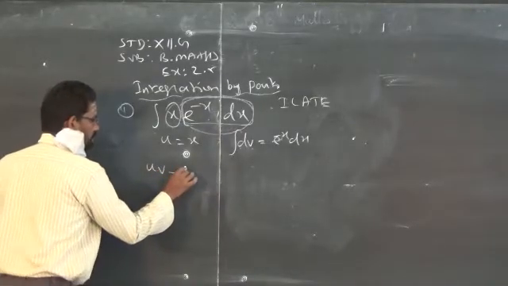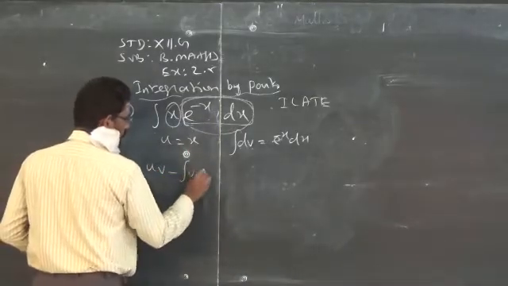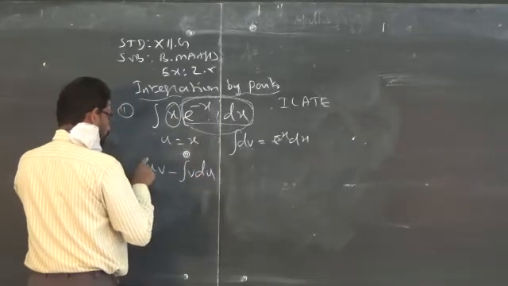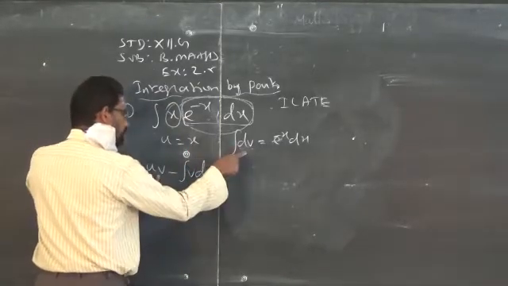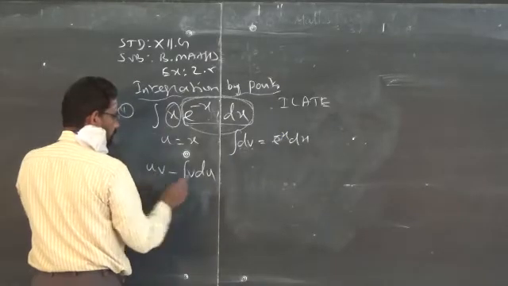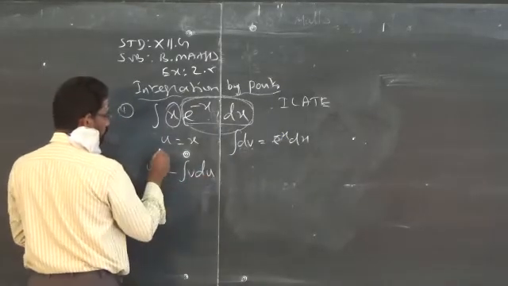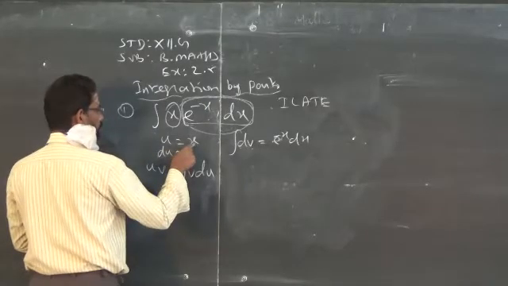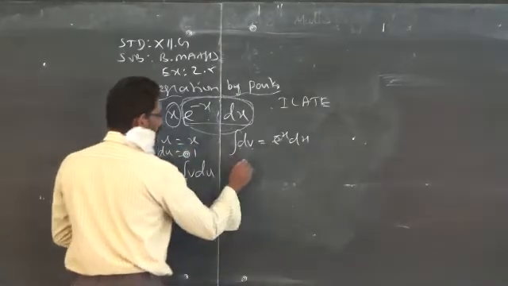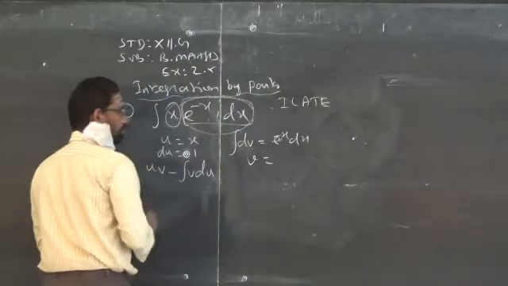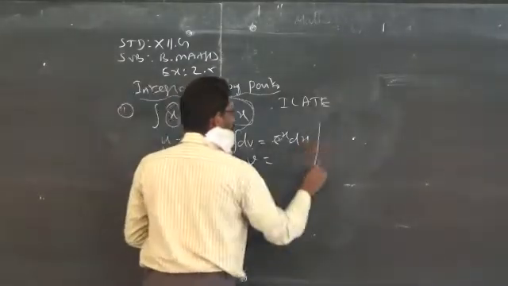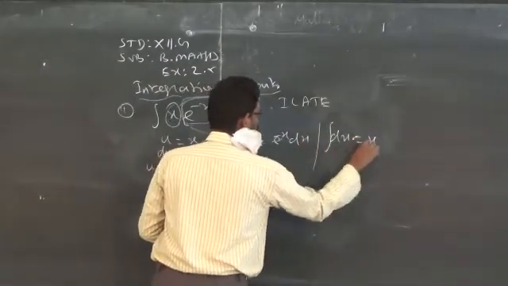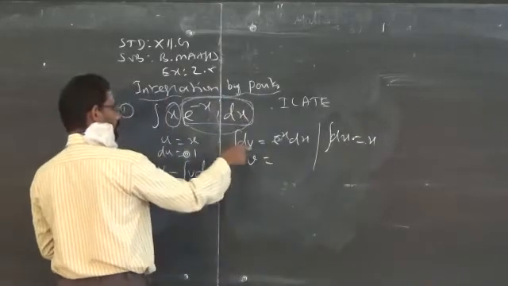So, to get the value, what is the formula? uv minus integration of v du. For that we need u, v and du. v is not given, but u is there. So du means u dash. Differentiating, du equals the differentiation of x, which is 1. Then v is the integration of dv, because integration of dx is x. According to the formula, integration of dv is v.